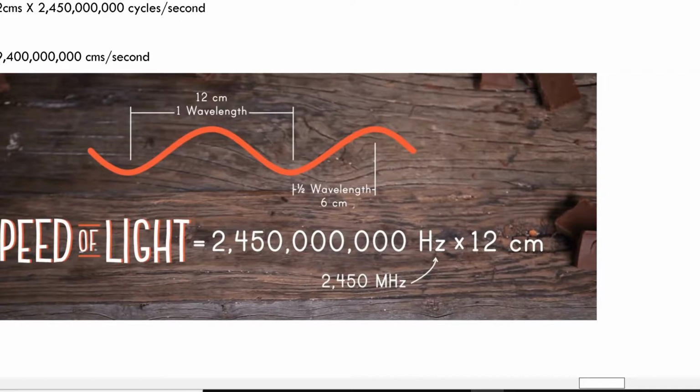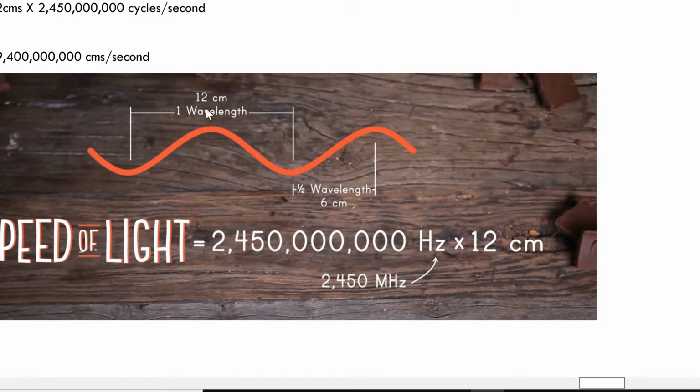So we get 2.45 billion cycles per second. The speed of light is equal to 12 centimeters multiplied by 2,450,000,000 cycles per second. When you calculate that, you will get 29,400,000,000 centimeters per second.